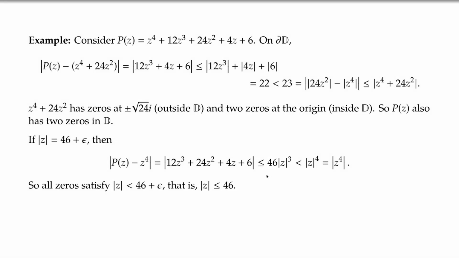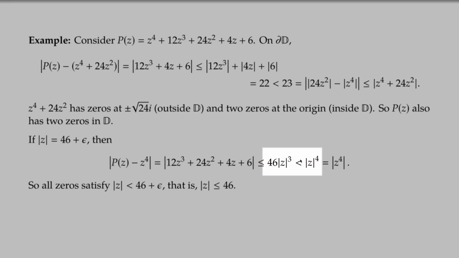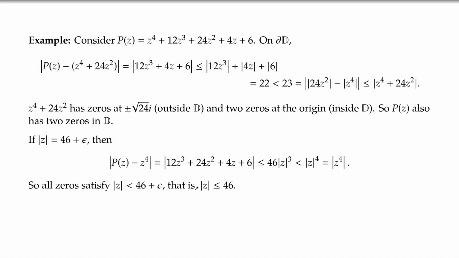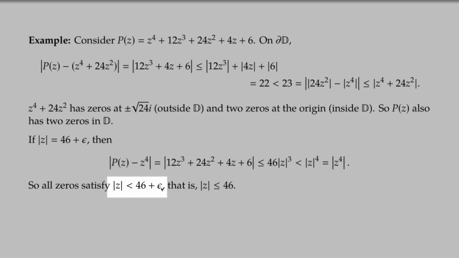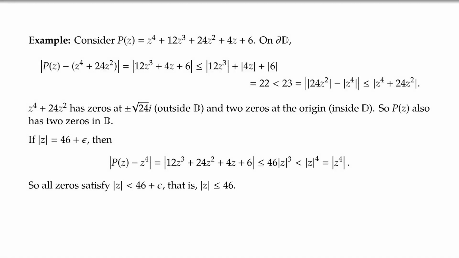And then since mod z is bigger than 46, we get this estimate over here, and that's a strict estimate, and that's just the modulus of z to the fourth. So therefore, all zeros are in this disk for any epsilon. So really, all zeros satisfy this non-strict inequality: they're all of modulus less than or equal to 46.